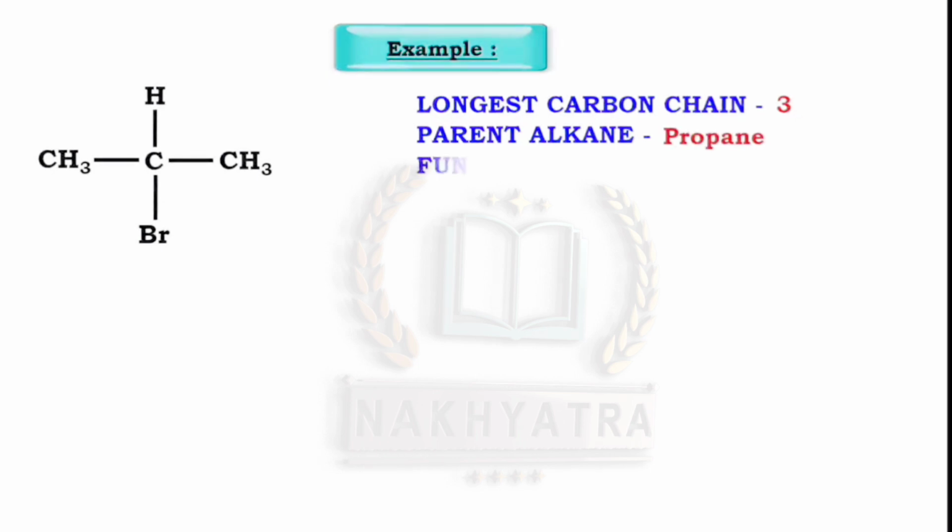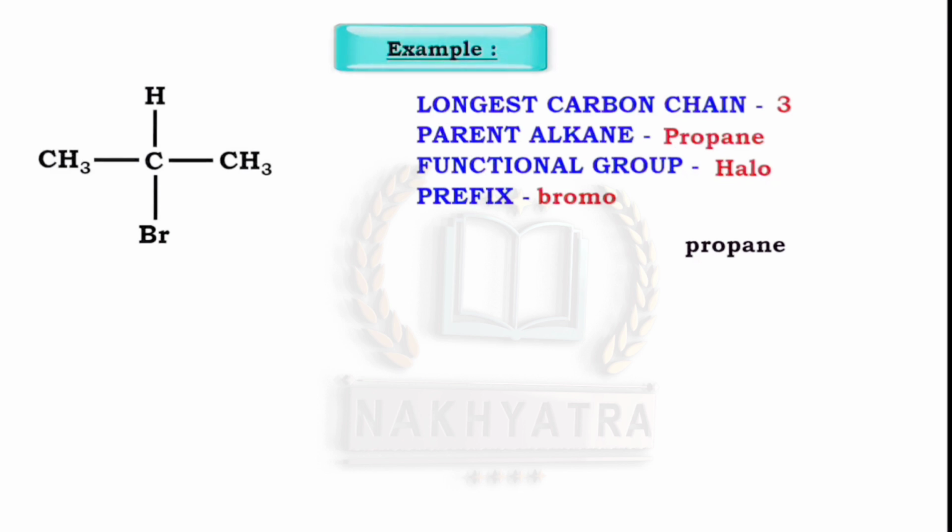The functional group here is the halo group, meaning bromine is present. Since bromine is under the halogen group, the functional group is halo and the prefix is bromo. So write the parent alkane, propane, and write the prefix before it. That will be bromopropane.